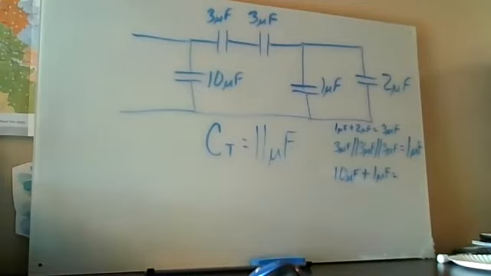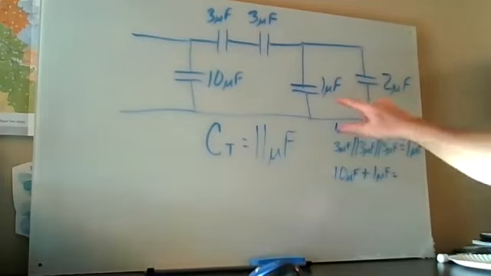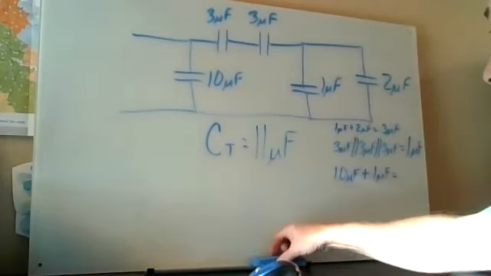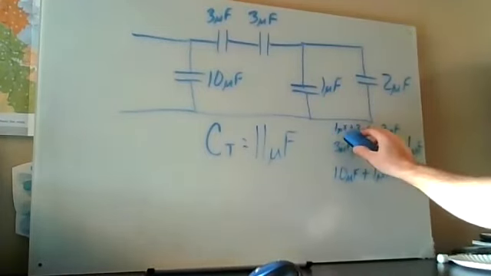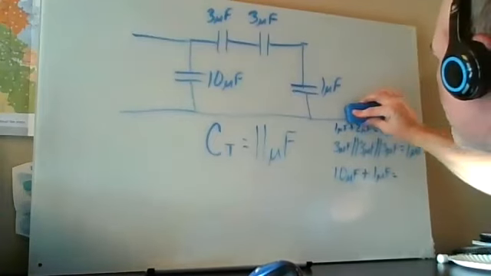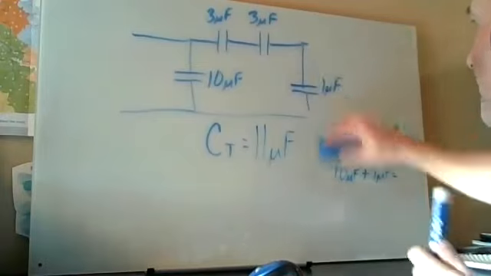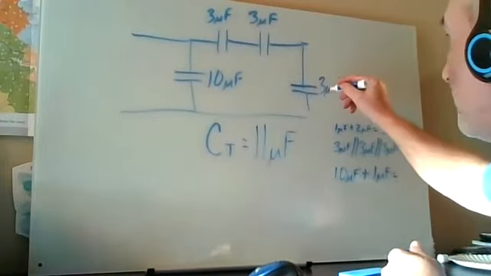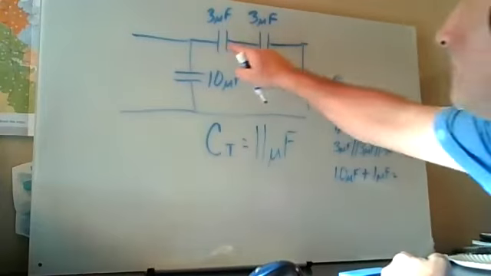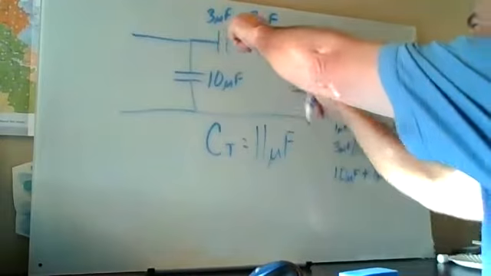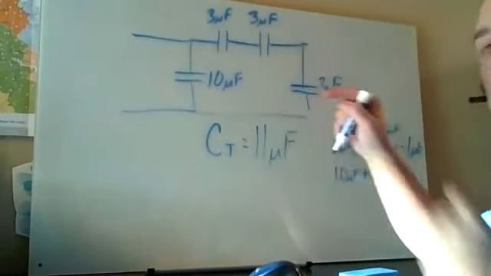I don't understand why though. What do you mean? These 2 are in parallel, right? So those 2 took the place of the 1. When I put these 2 here, this goes away. That's how I redrew it. And this becomes a 3 microfarad. Now this group together has 2 points in common with the 10.